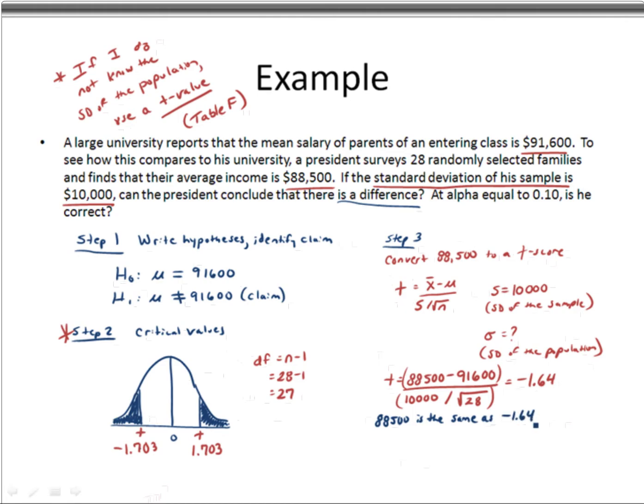And so our job becomes to mark off the 88.5 on the curve and determine whether or not it's significantly different from the 91.6. Remember the 91.6 sits in the middle? The 88.5 is going to sit at negative 1.64, which is going to come in right about here.